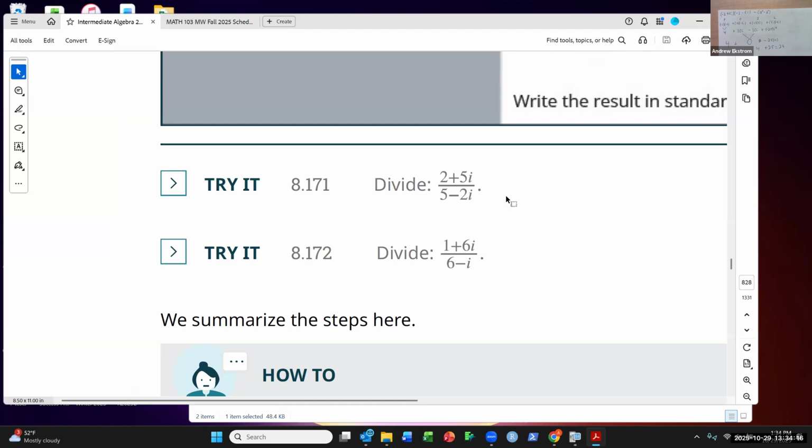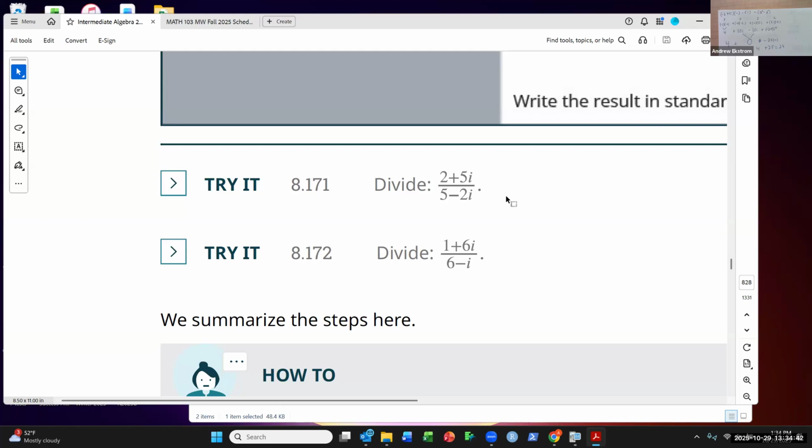In order to make the i in the denominator disappear, we have to multiply by the complex conjugate of this, which is going to be 6 plus i, numerator and denominator. Here, to get rid of that, we're going to have to multiply numerator and denominator by 5 plus 2i.